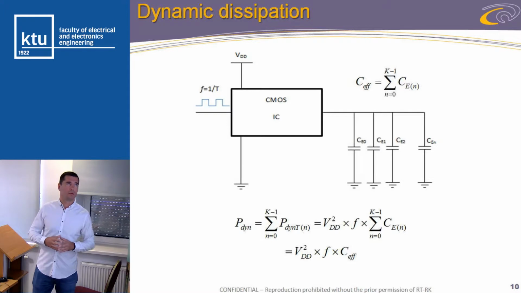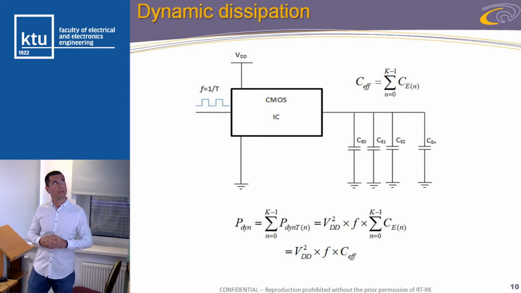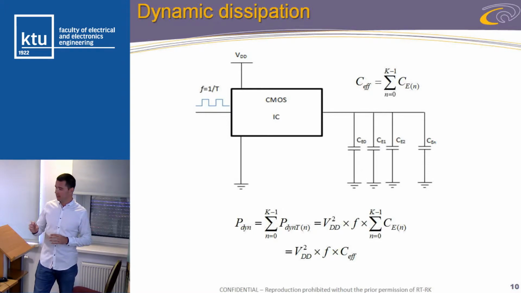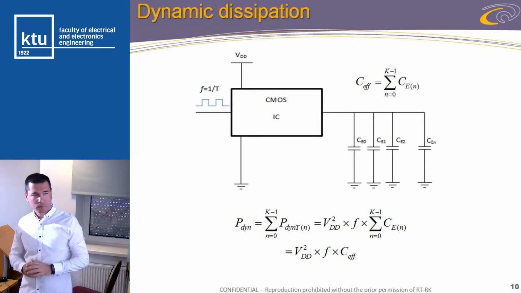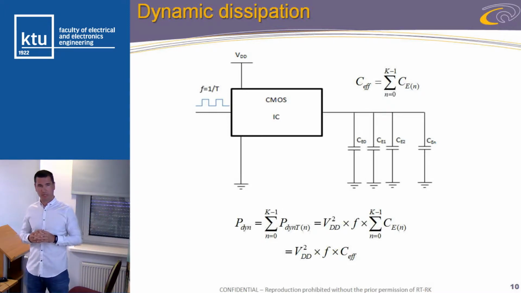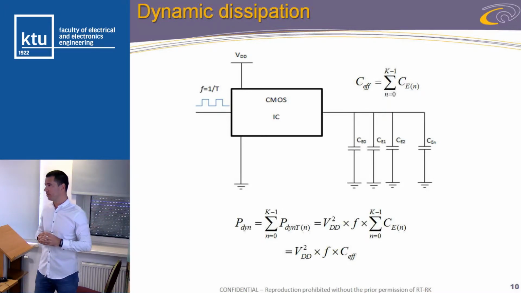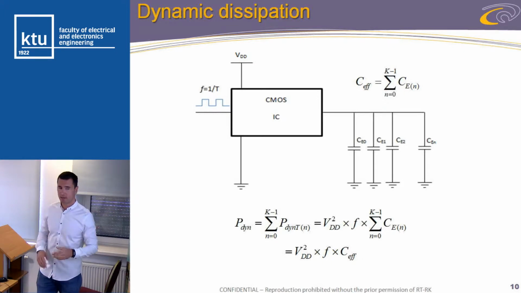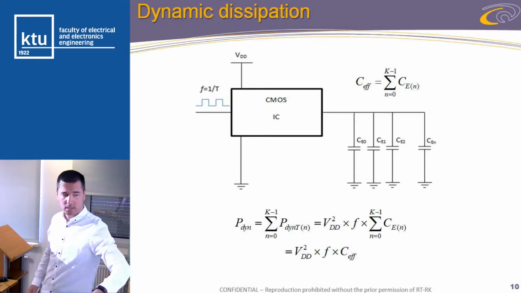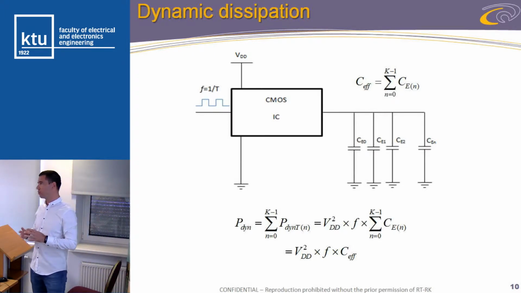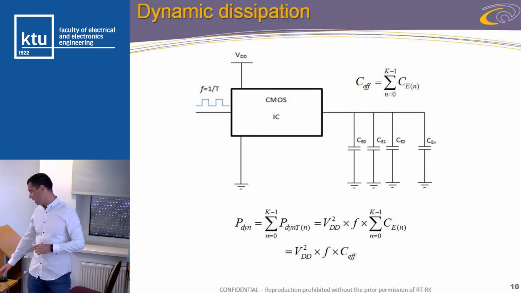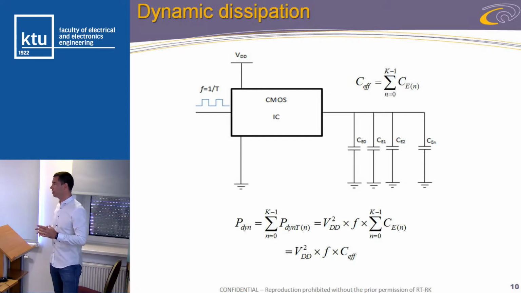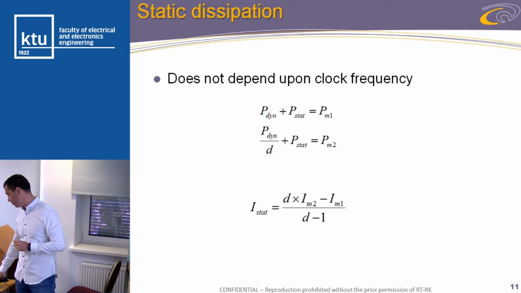So we can define dynamic dissipation as a sum of the individual dynamic dissipation of each CMOS transistor, and this is the most important contribution. It is a sum of each individual equivalent capacitance, which we define as the effective capacitance, meaning the actual capacitance that is charged and discharged during one clock cycle, and that can be used as a quantitative measure of dynamic energy dissipation.